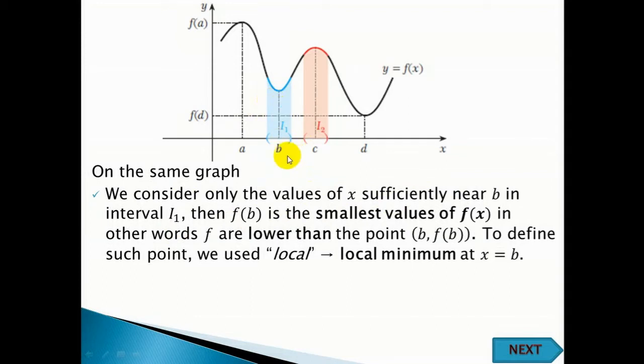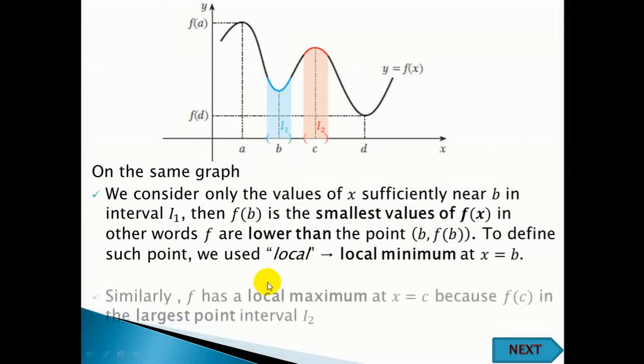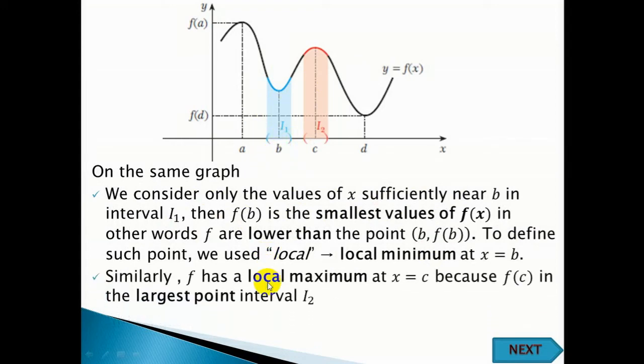In other words, f values nearby are higher than the point f(b). To describe such a point, we use the word local. So this one is called a local minimum at x equals b. How about the local maximum? As we see here, the second highest is c. So this one is called a local maximum at x equals c.